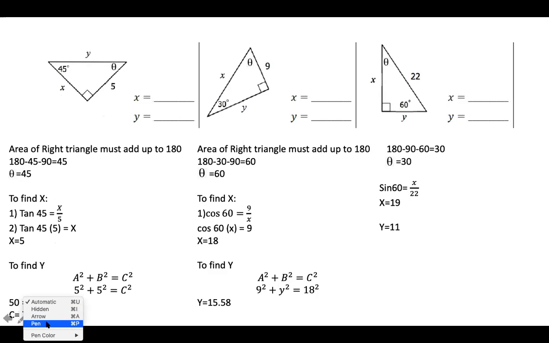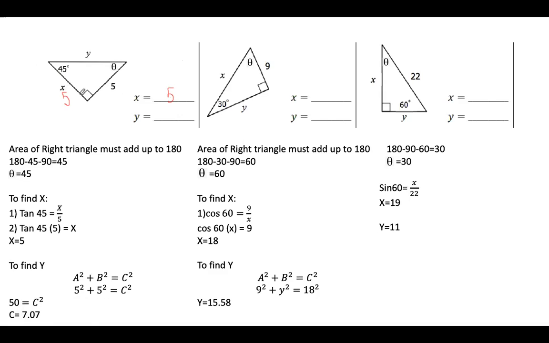Let me get a pen out. Excuse me. So x is equal to 5. I always like to write it over here too. And then using the Pythagorean theorem, I can do a squared plus b squared. In this case, it doesn't matter which is a squared. This can be a squared, or this can be a squared. Doesn't matter, and vice versa.